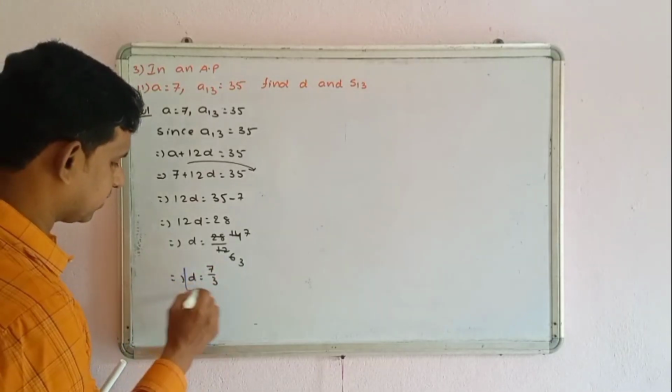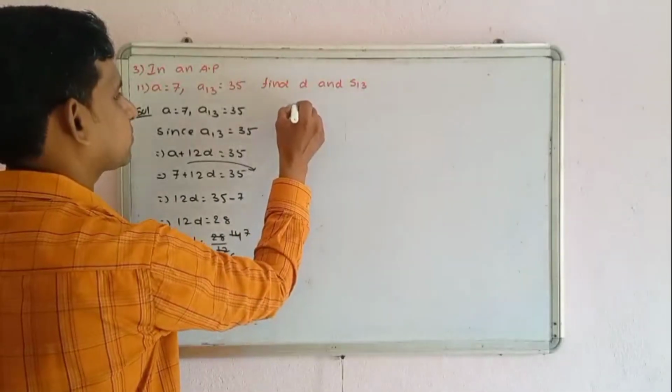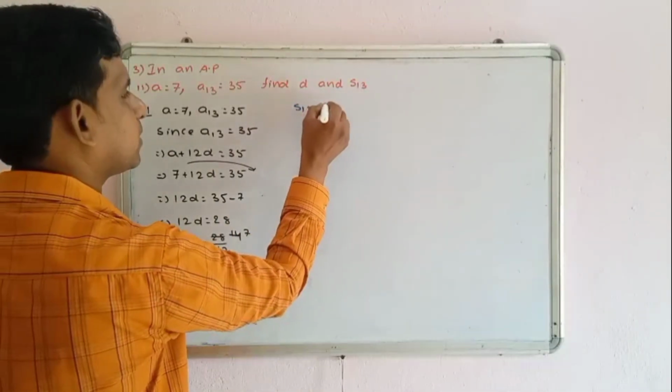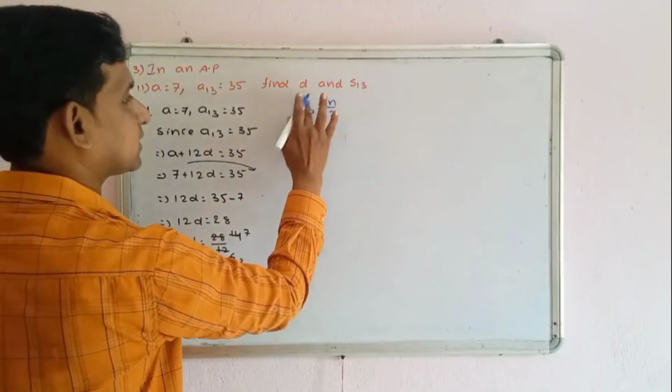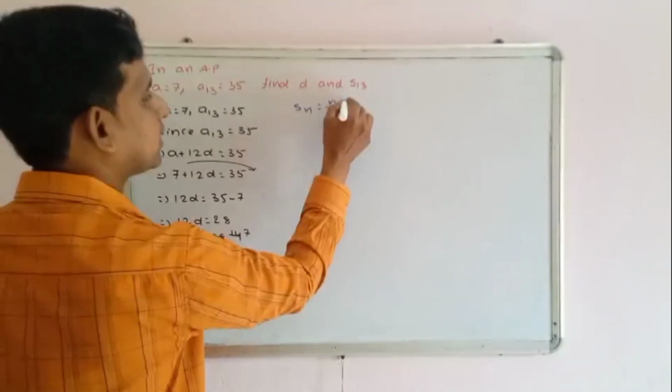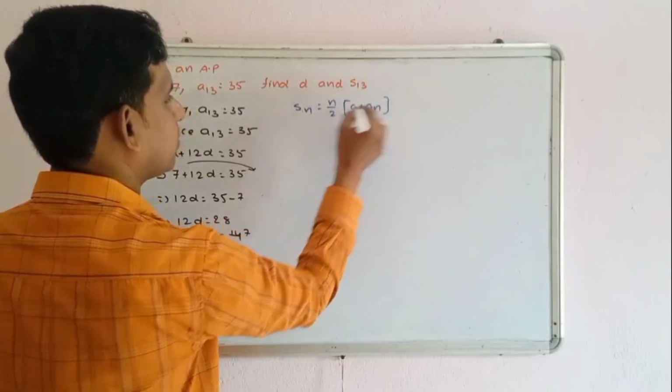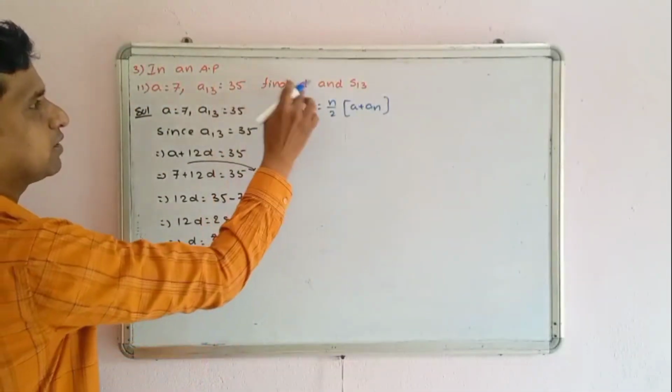Now I got the D value. Now I want S13. What is the formula? Sn equals n by 2 into (A plus An). Here how many terms are there? 13 terms are given.